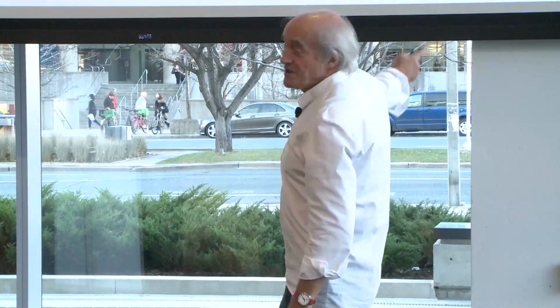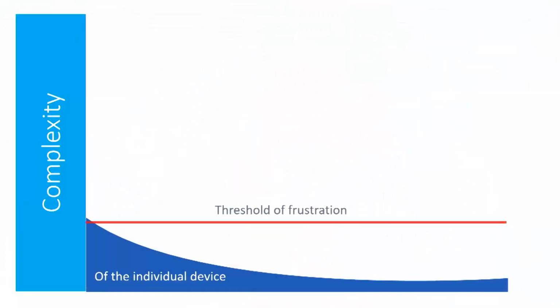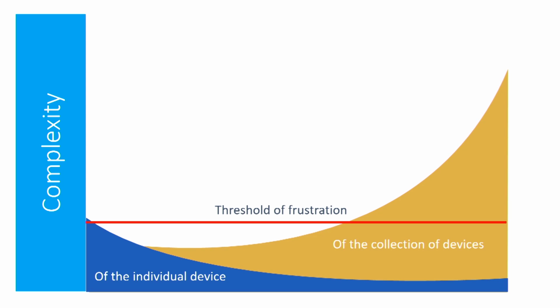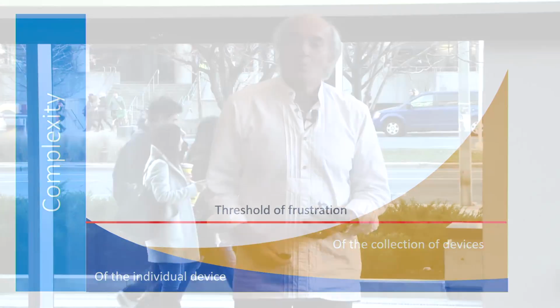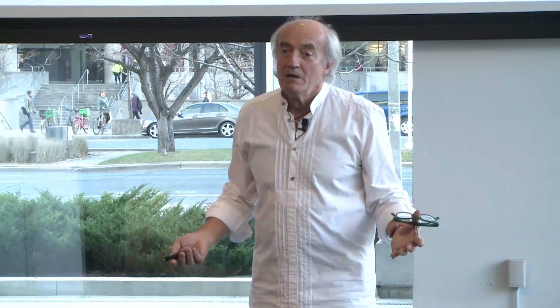And the complexity's gone way down. But what we forget is the combinatorics, given the threshold of frustration, the limits of human ability to deal comfortably with complexity, is the cumulative collection of all of these wonderful, affordable, desirable, useful things goes way above threshold. And so I'm great with the tree, but the forest is going to kill me.